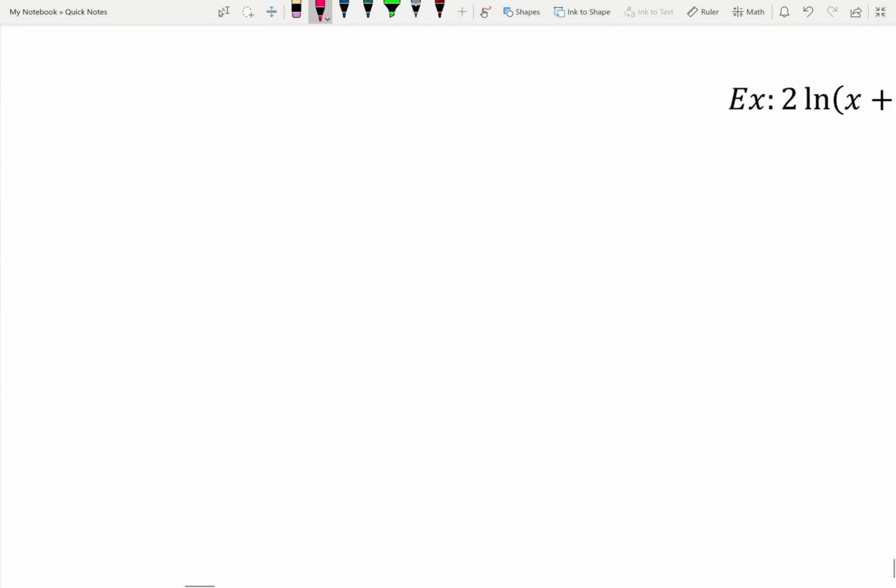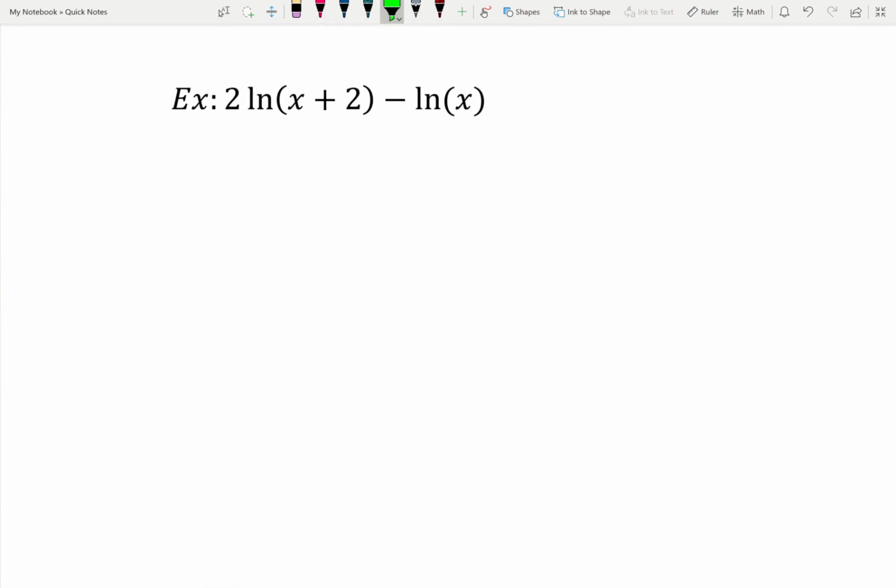All right, last one. So we have two different ln's, and this one has a number in front of the ln, so that exponent probably came from over here. Or I should say it was once an exponent over here. So let's go ahead first and put it back in.